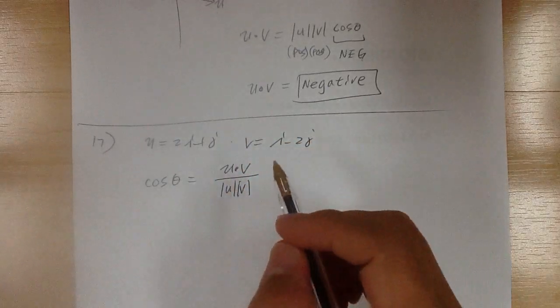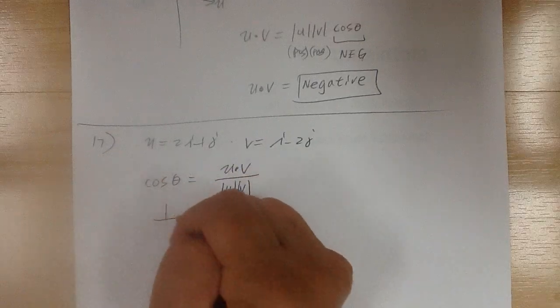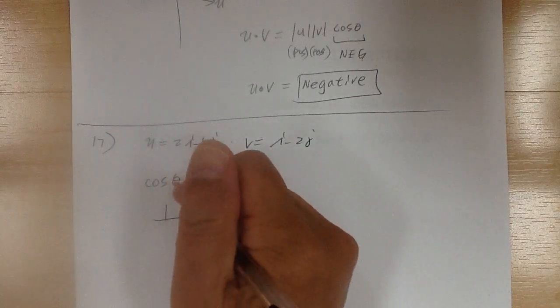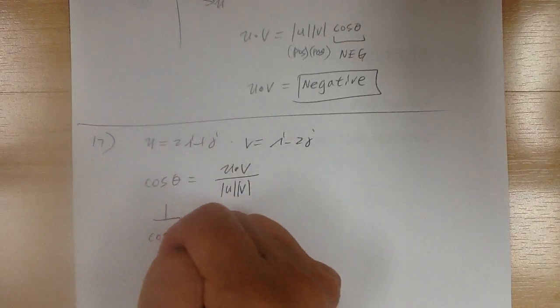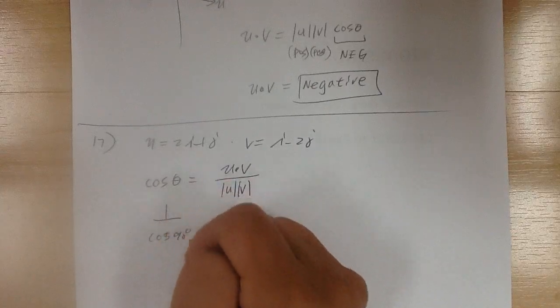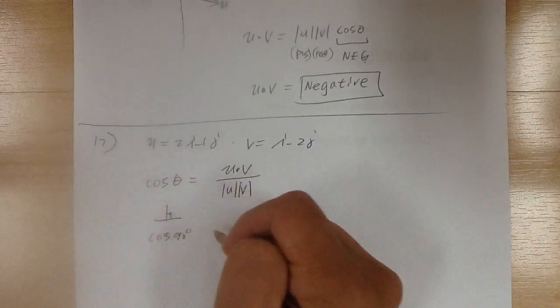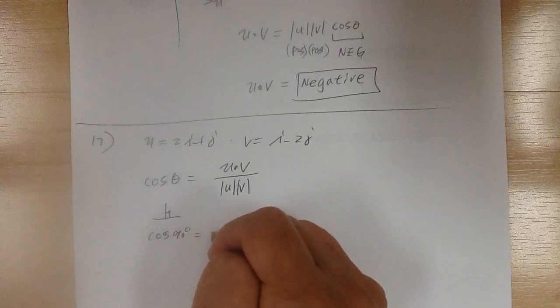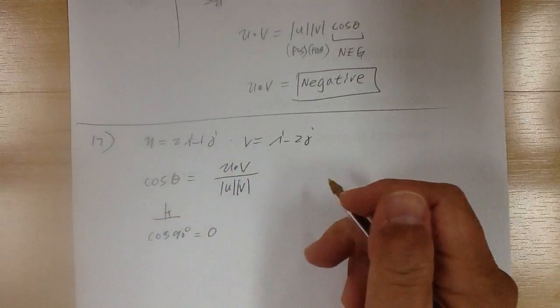If they are perpendicular, or orthogonal, that means this is cosine of 90 degrees, and cosine 90 degrees equals 0.